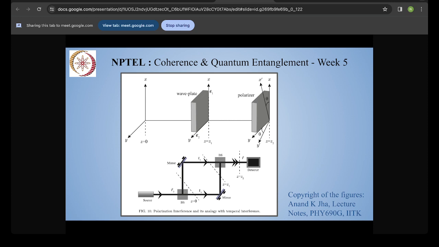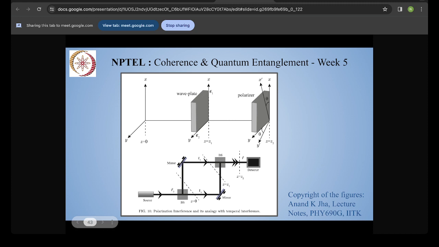These two pictures I have shown here correspond to each other, as both of them show interference. One is in the polarization, this first part, which consists of one wave plate and one polarizer only, whereas the second shows the temporal interference, for which we use a Mach-Zehnder type interferometer.